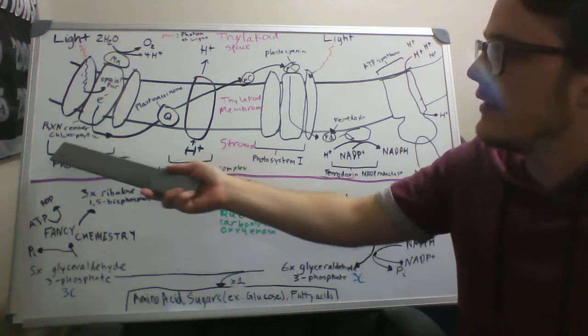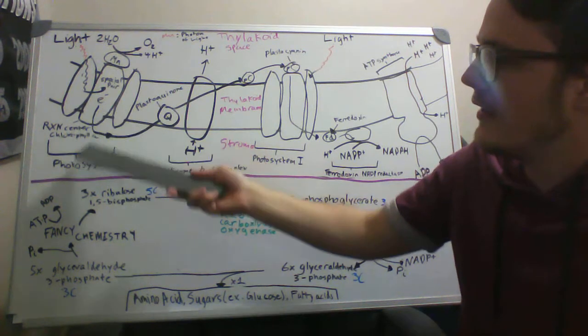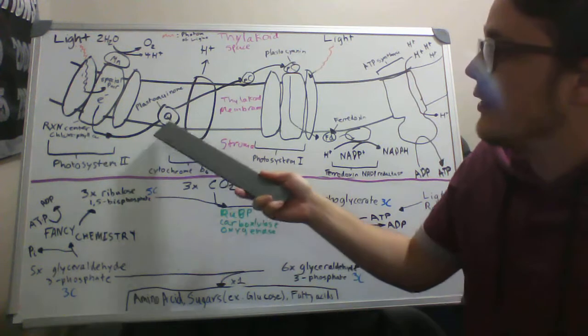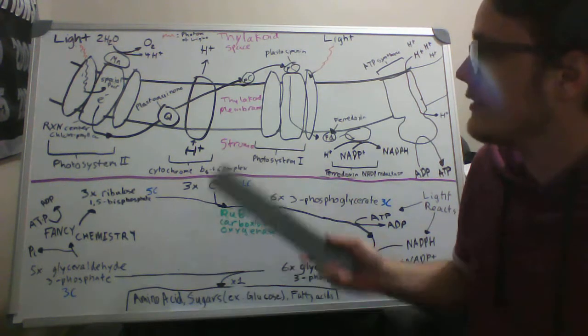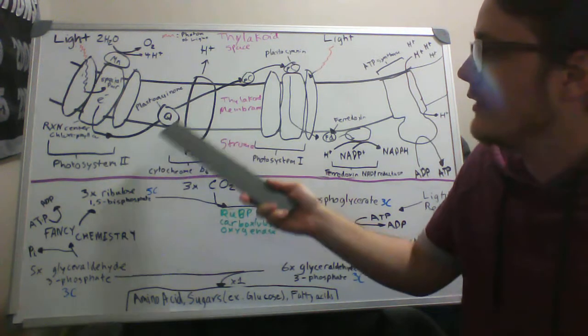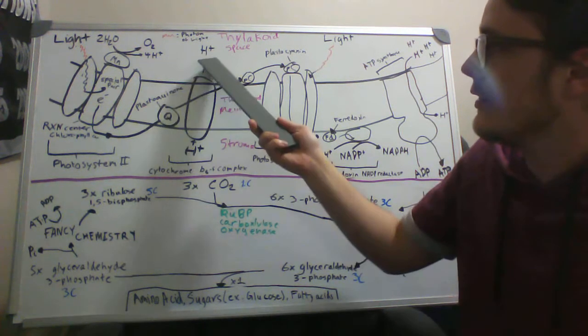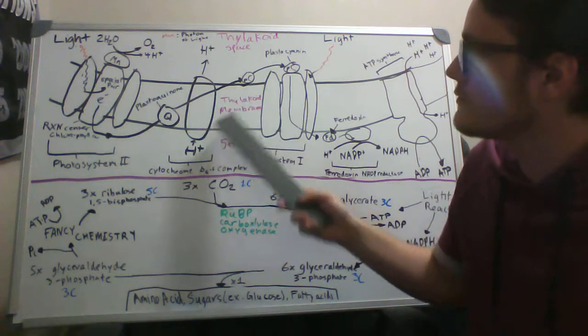The reaction center of chlorophyll A gives off an electron, and that electron is carried by plastoquinone over to cytochrome b6f complex, and while it goes through that, some hydrogens are transferred over to the thylakoid space side, so we have a lot of them aggregating over here.